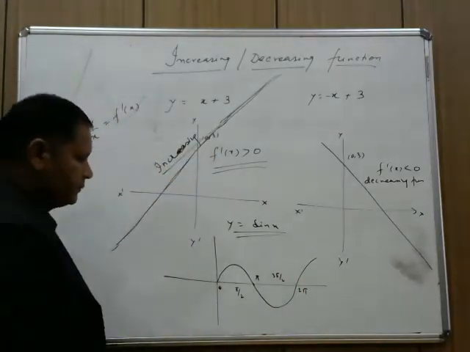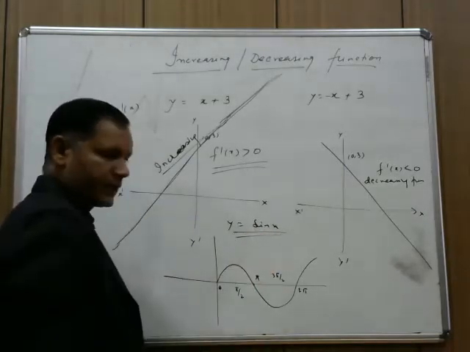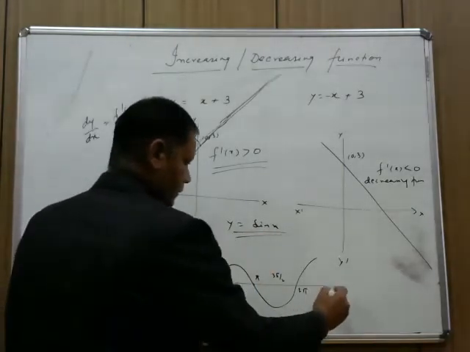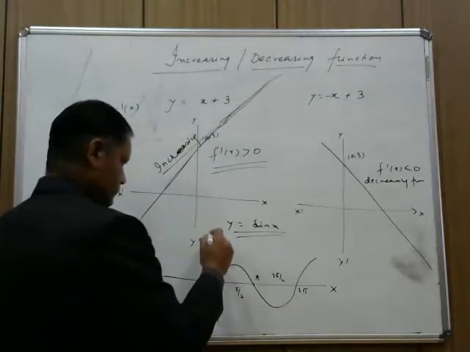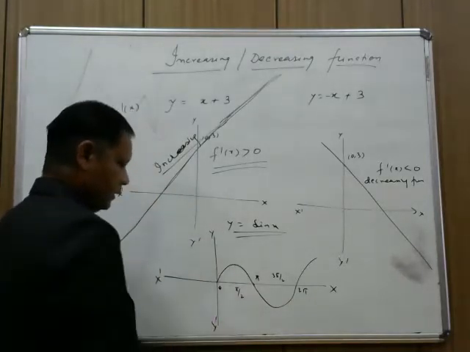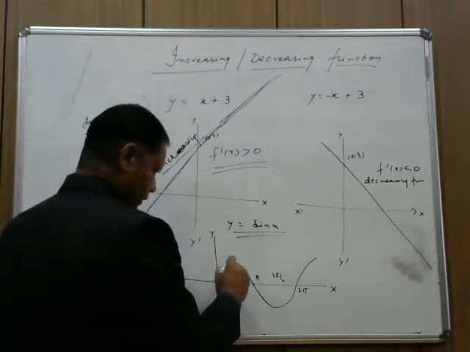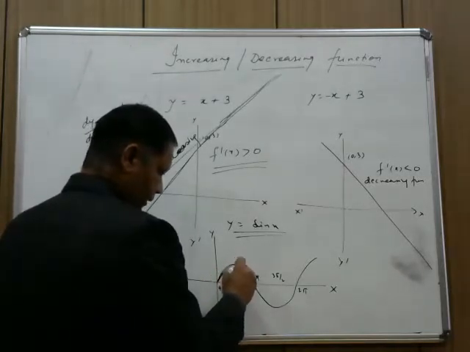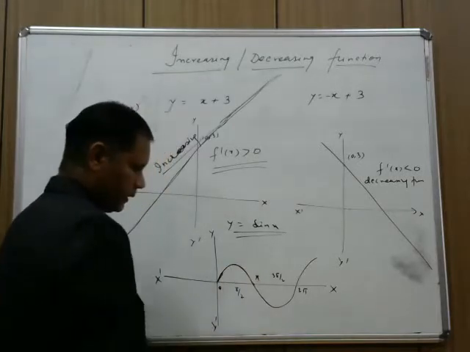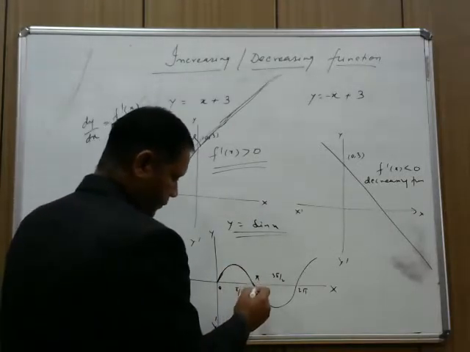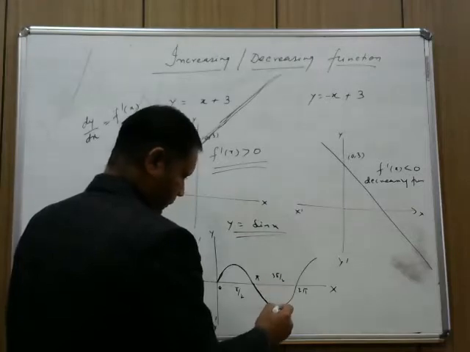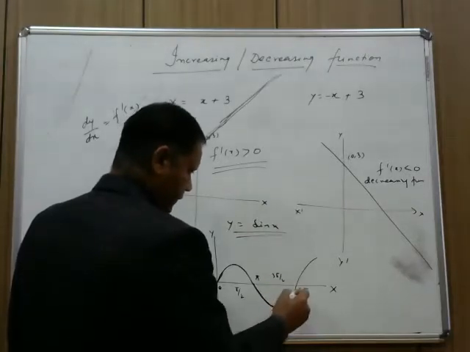This is the graph of y equal to sin x. Between 0 and pi by 2 it keeps on increasing, and after that it keeps on decreasing. Again after pi it keeps on decreasing, and from 3 pi by 2 to 2 pi it keeps on increasing.